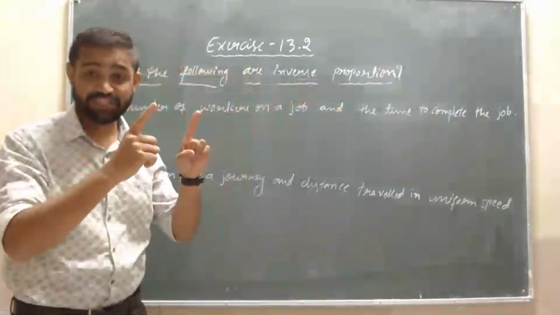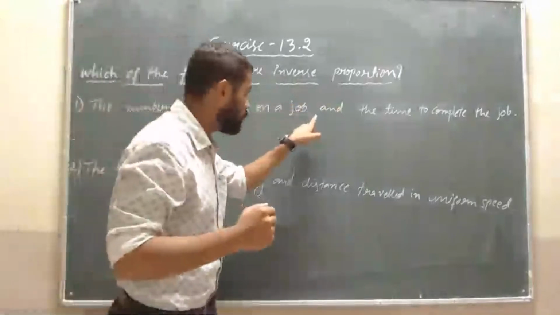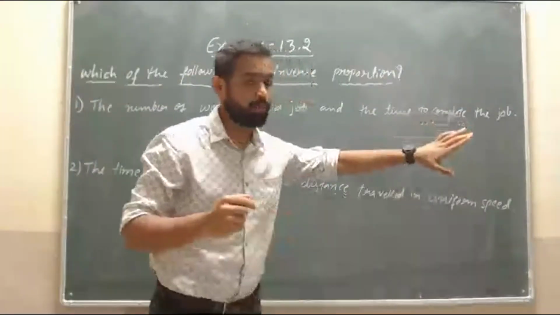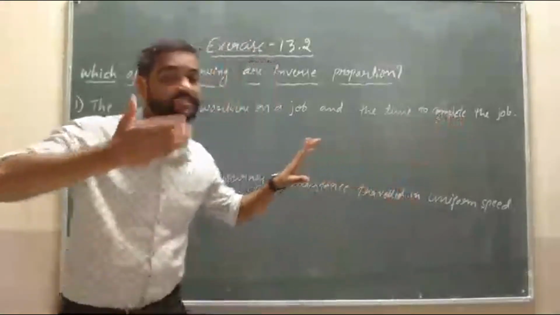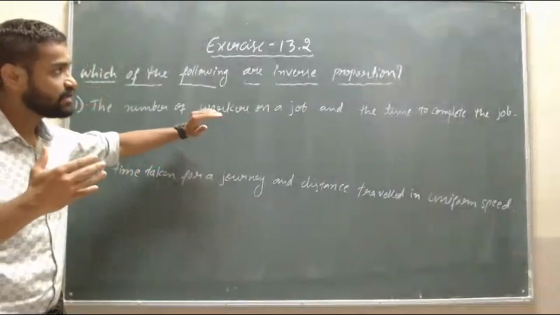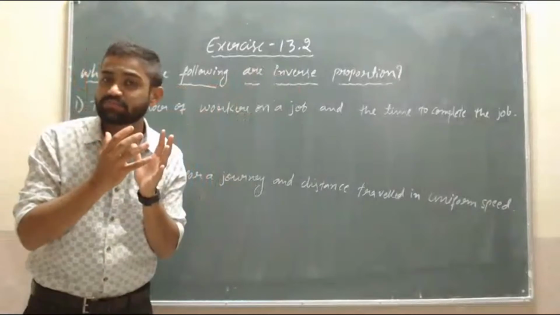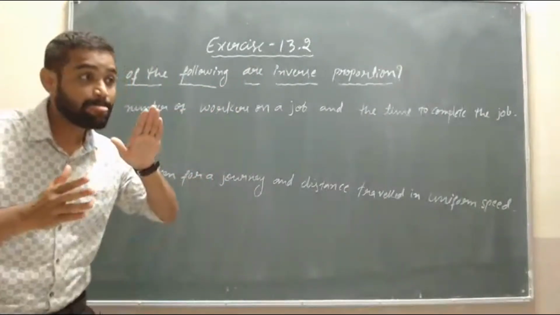And the first statement, students, is the number of workers on a job and the time to complete the job. Before starting this question, you should know about inverse proportion. What is meant by inverse proportion, students?